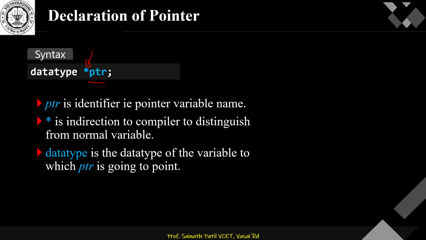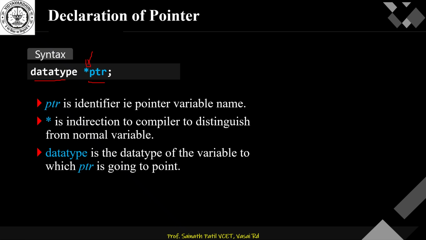That means it is the distinguishing factor. Then the data type: the data type of the pointer variable PTR is the data type of the variable to which PTR is going to point. That means when we declare any pointer variable, beforehand we should know to which kind of data type it is going to point. So that data type must be mentioned in the syntax.